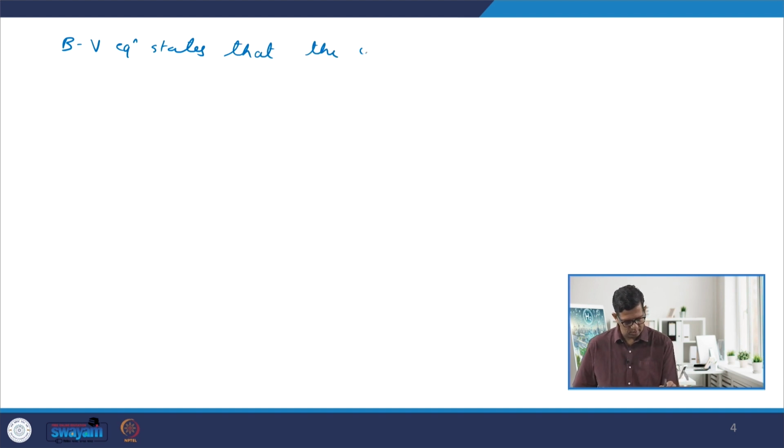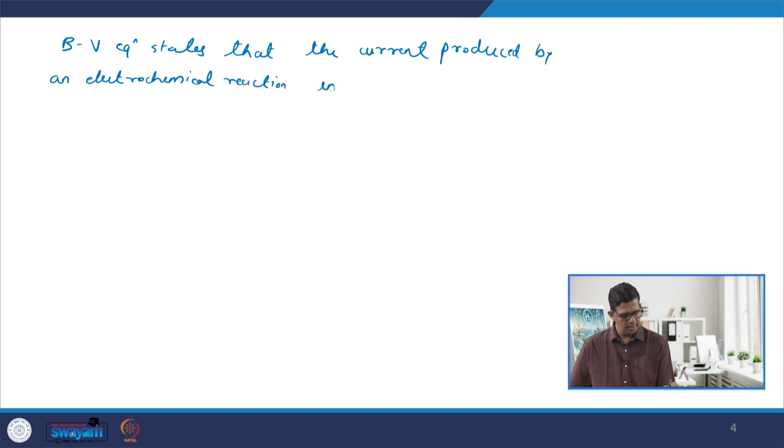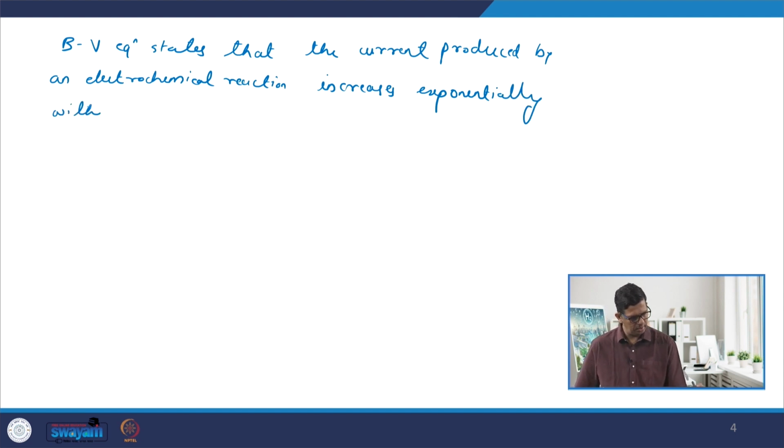the current produced by an electrochemical reaction increases exponentially with the overpotential.